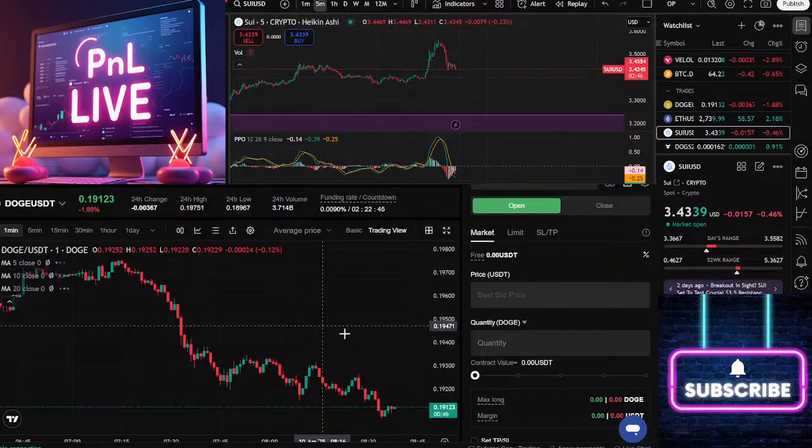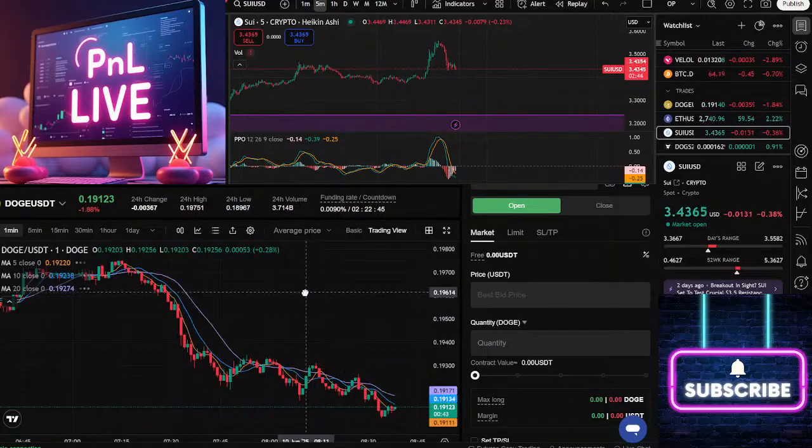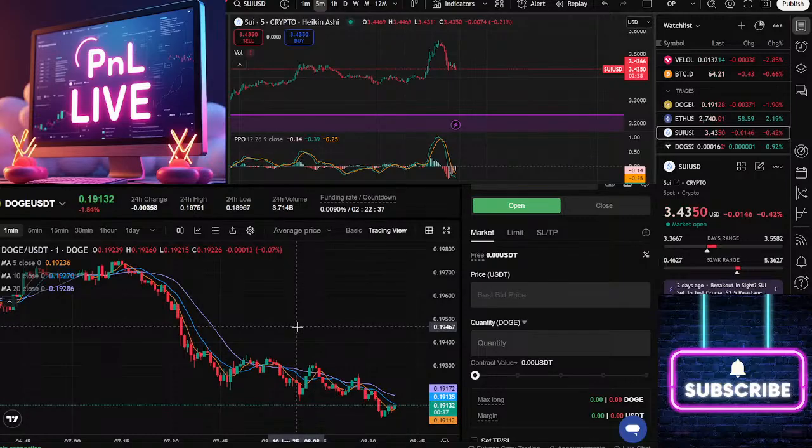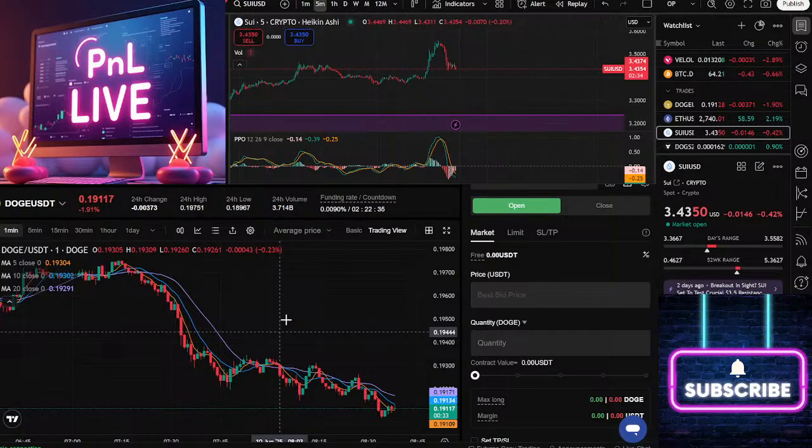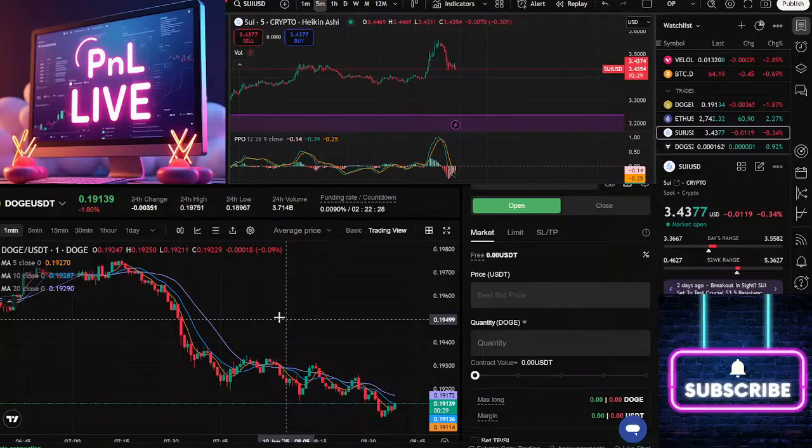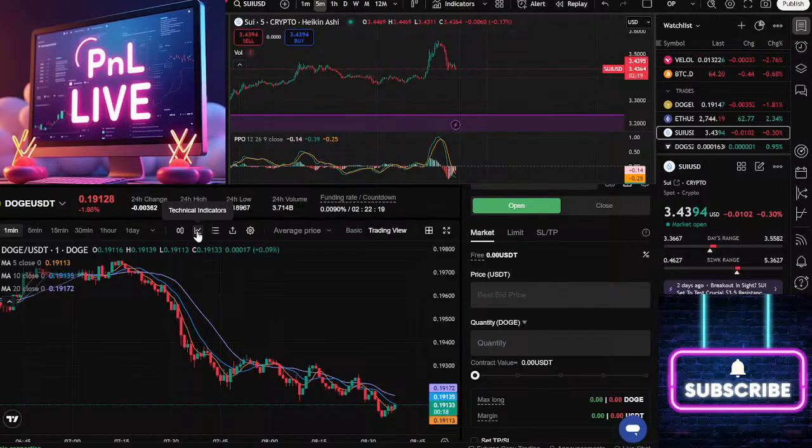I'll tell you a little bit about my indicators. So I use the EMA that's set to the 100-day. I don't use the upper and lower bands. I just have it set to 100. And I'll show you guys what I mean if you guys can actually see this. It looks like it's ticking okay.